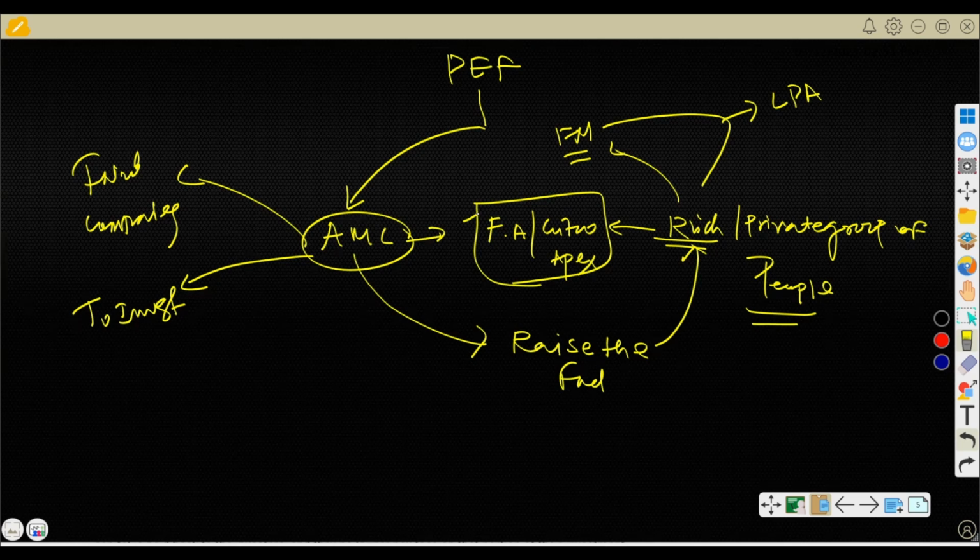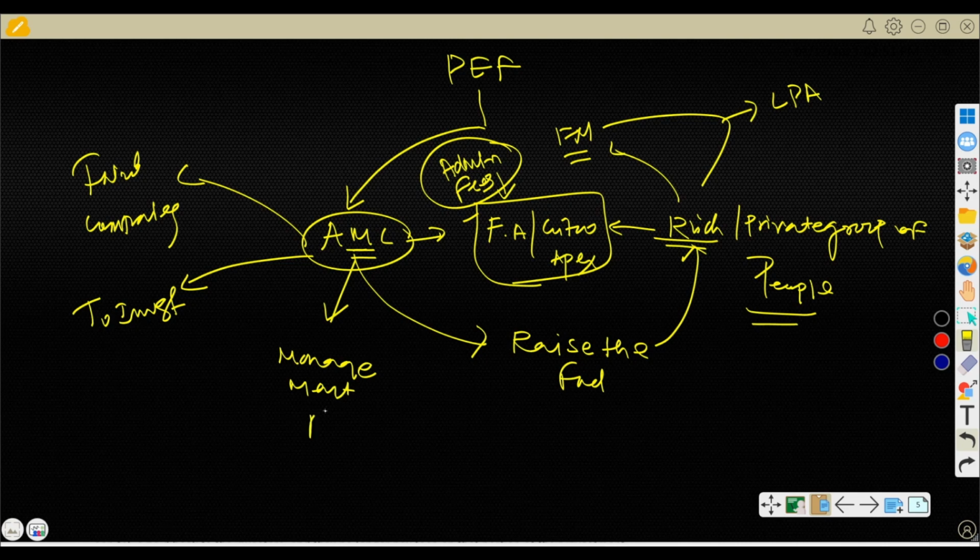And that's what the fund admin charges their different fees. They charge admin fees. And if you see AMC, asset management, here they manage assets, and that's why they charge management fees. Right?